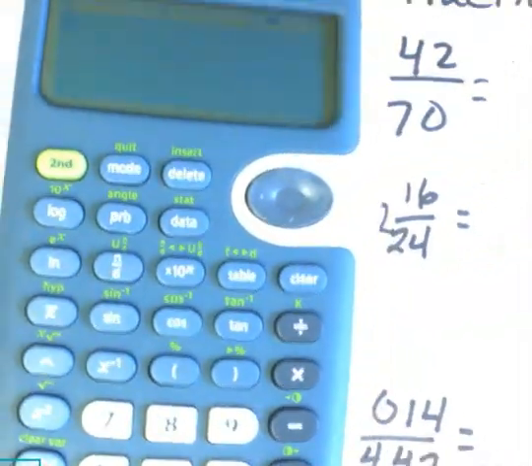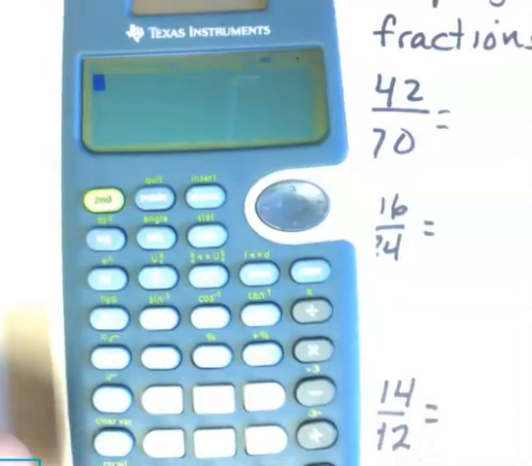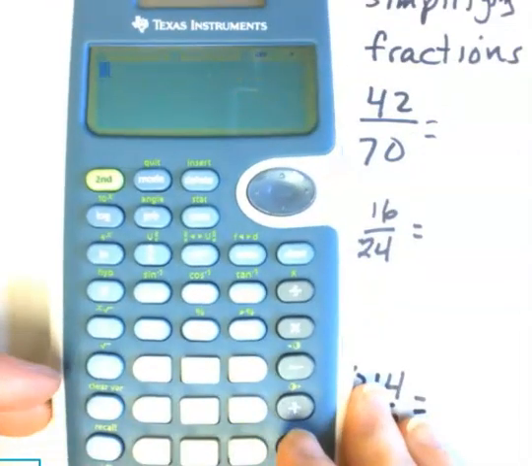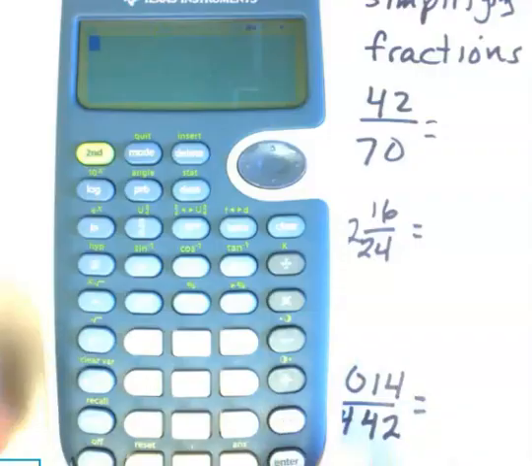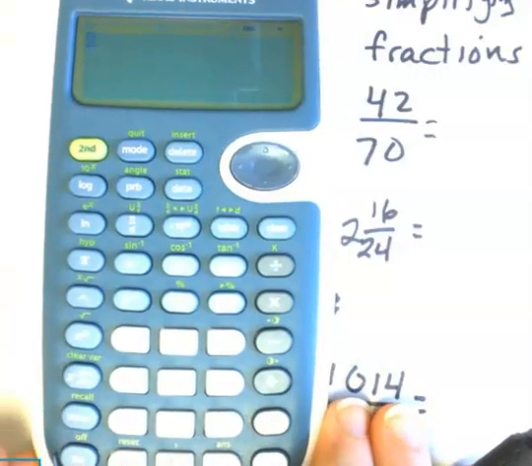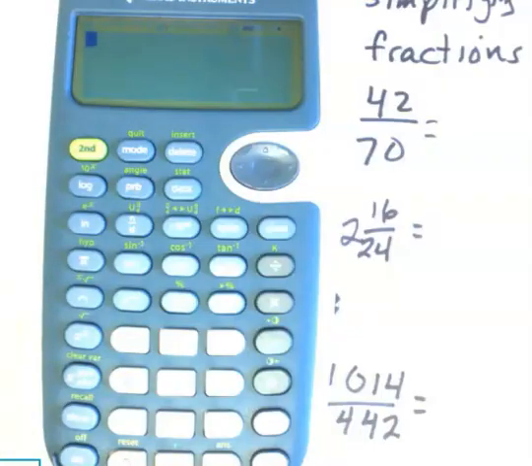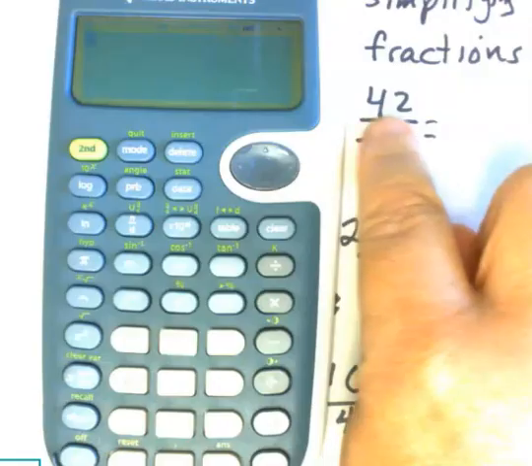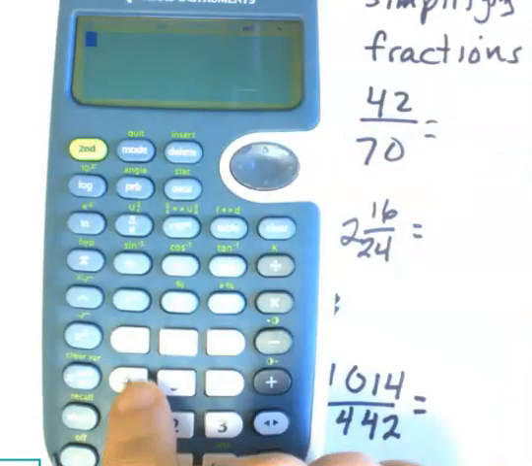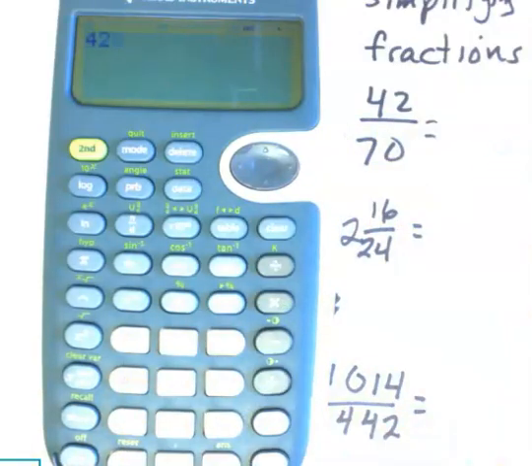So, I'm going to start by putting in the fraction 42/70ths. So I'm going to start by typing that first number that I would put in the numerator, 42.